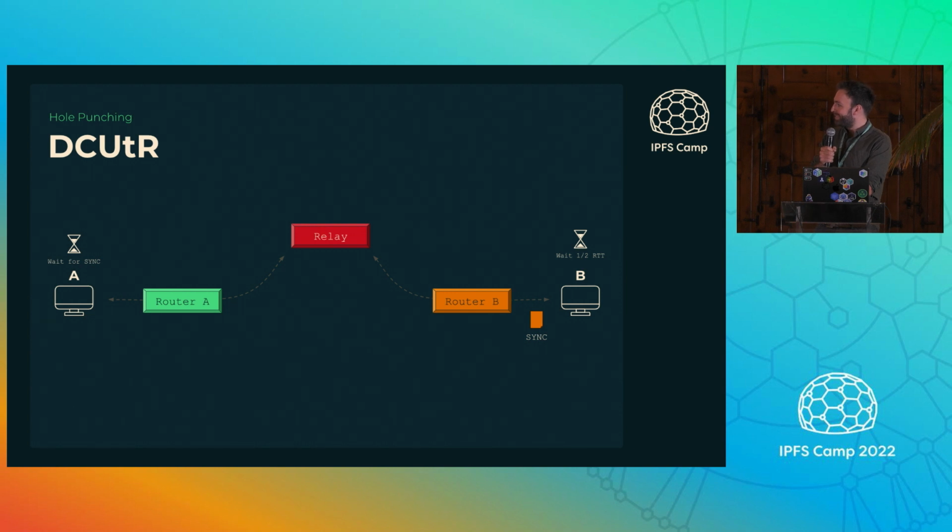Peer B sends out a sync message, the second message type of this protocol, and again starts a timer. The sync message gets routed to peer A. Peer A was waiting for the sync message, and as soon as peer A has received that message, it tries to directly connect to the public IP addresses of peer B, and peer B has waited half the round trip time to do the same.